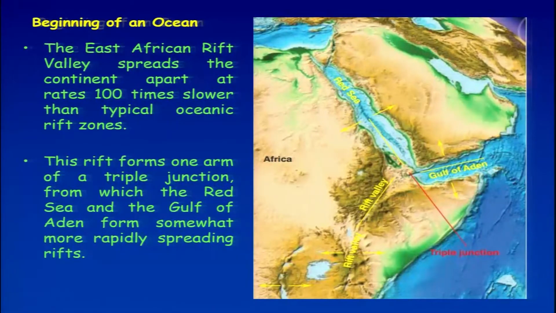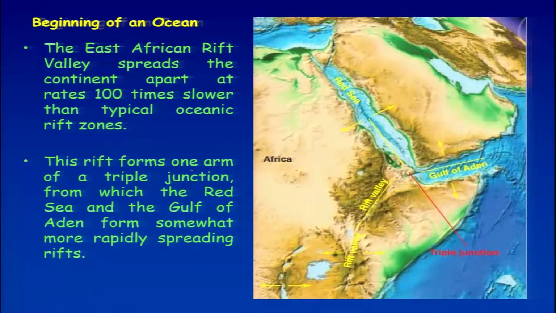If I have a movie, then we can show it, or maybe in the next lecture we can show that movie where people have been watching how things have moved. But of course this phenomenon is very slow, and maybe it will take a long time to break this land into two parts, and you will have a new ocean along this boundary.